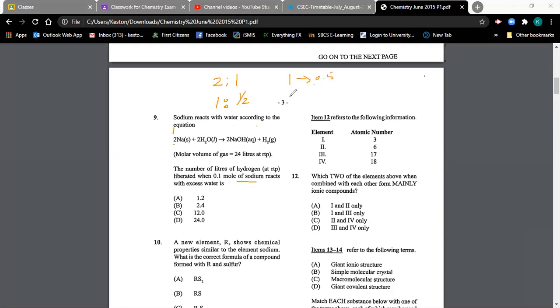If I'm doing 0.1 moles, then it's 0.5 times 0.1, which is 0.05. And they want the number of liters. Molar gas volume is 24 liters, so if you multiply there by 24, you get 1.2. So you guys are correct.